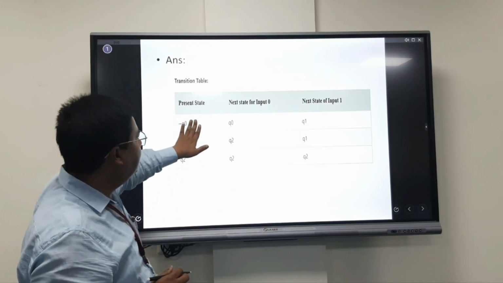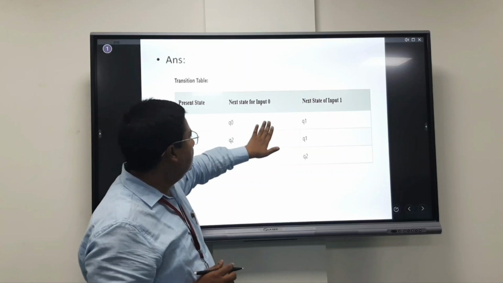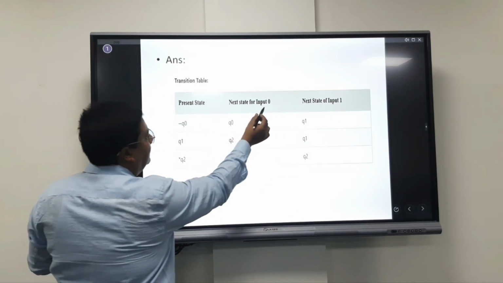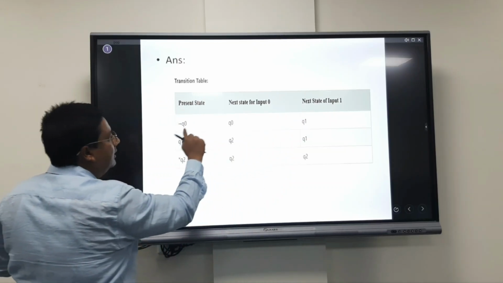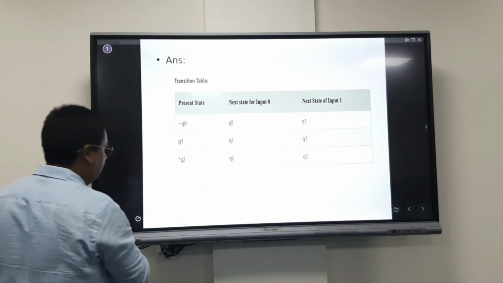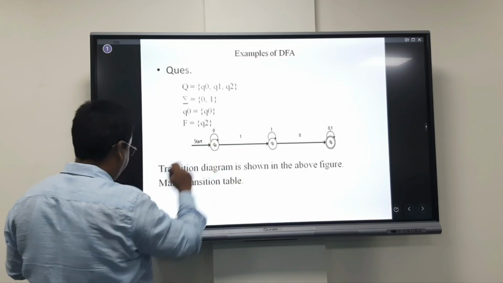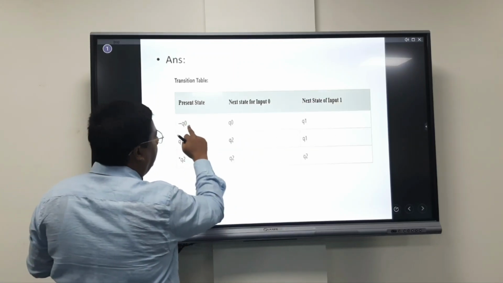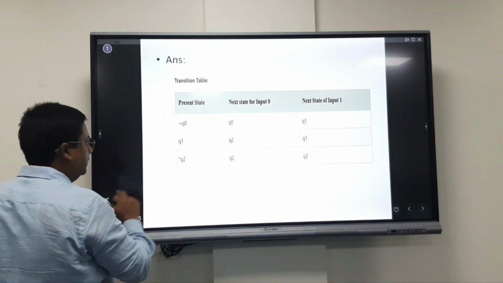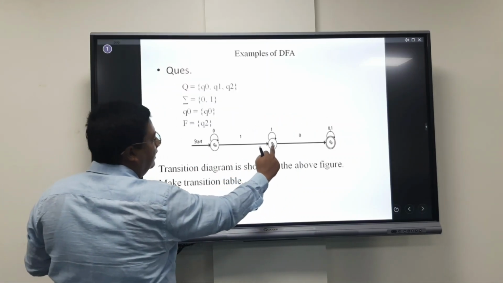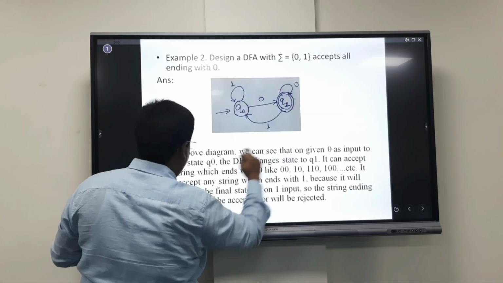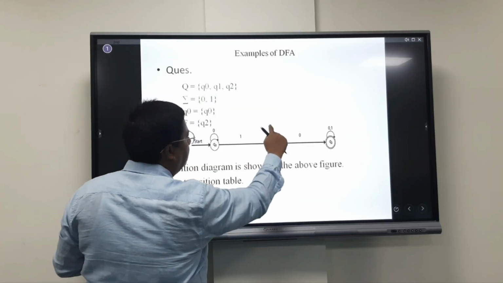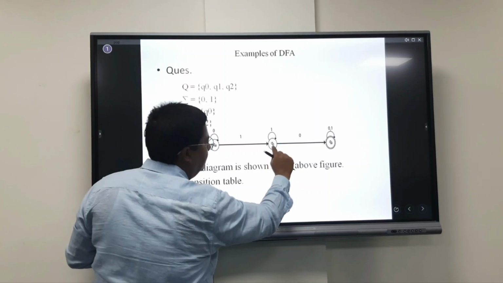We have considered input at 0 and input at 1. Q0 at input 0 is a self loop, and Q0 at 1 reaches Q1. Sorry, at 1 it is a self loop, and at 0 it goes to Q2.